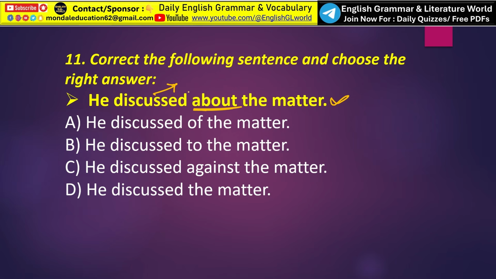Here the verb discuss is a transitive verb. Okay, so a transitive verb directly takes an object and does not need a preposition like about. So the correct sentence is he discussed the matter. So option D is the correct answer.